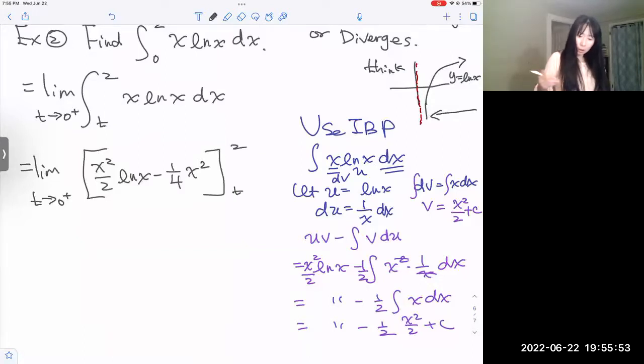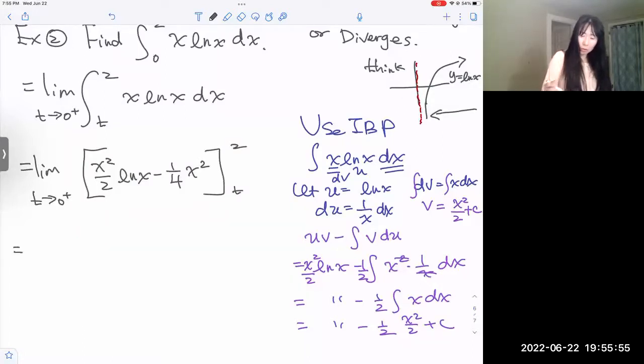All right. Now we substitute upper bound minus lower bound, with t approaching 0 from the right. So this will be 2 squared over 2 ln 2 minus 1 over 4 times 2 squared.